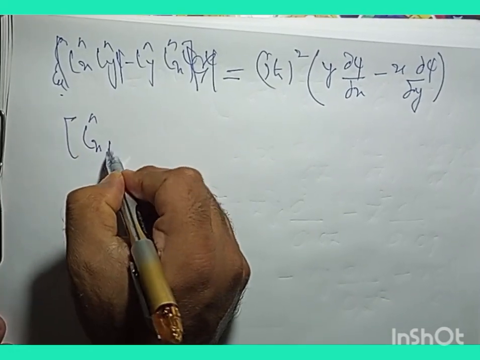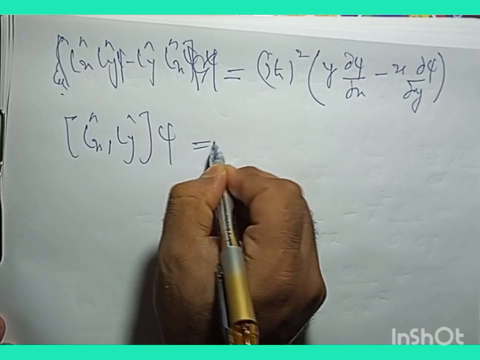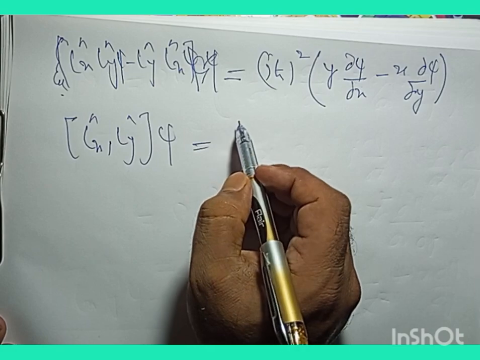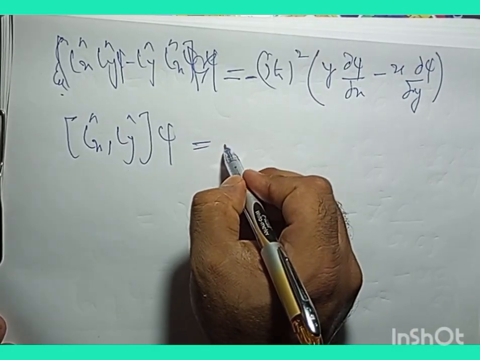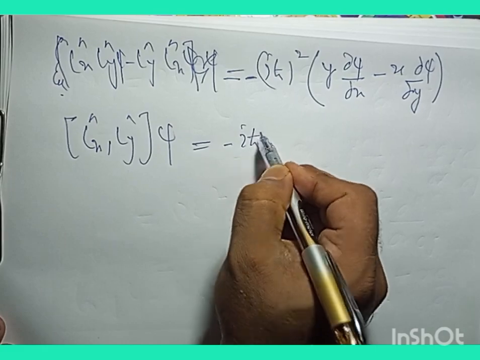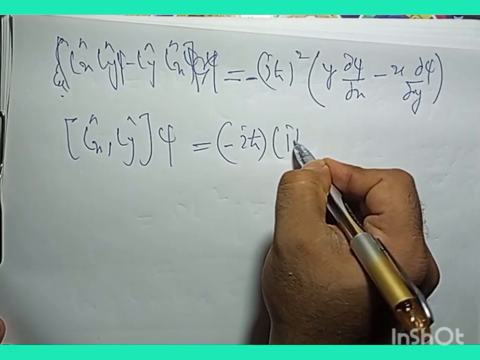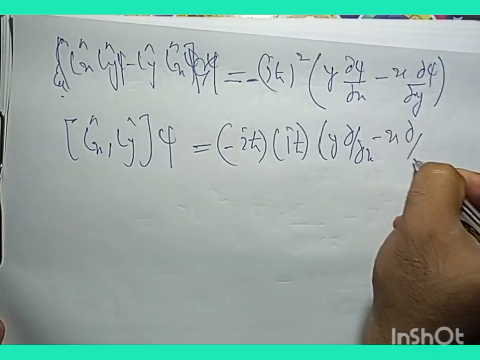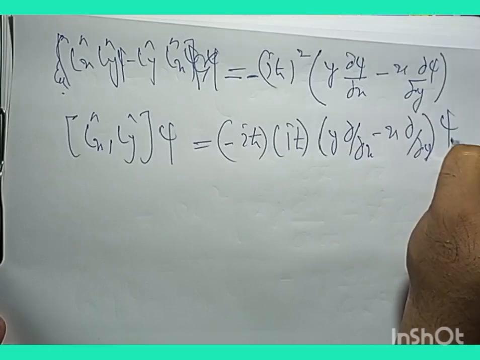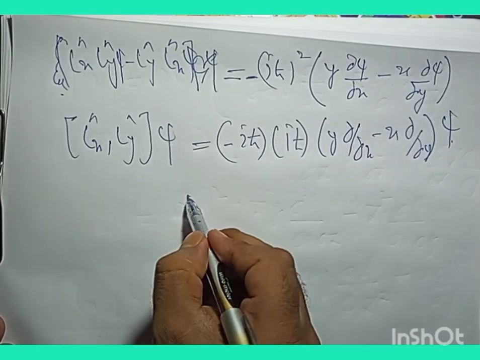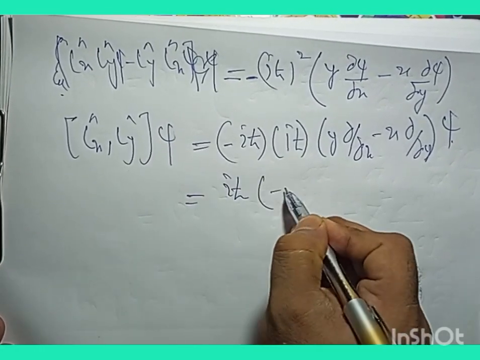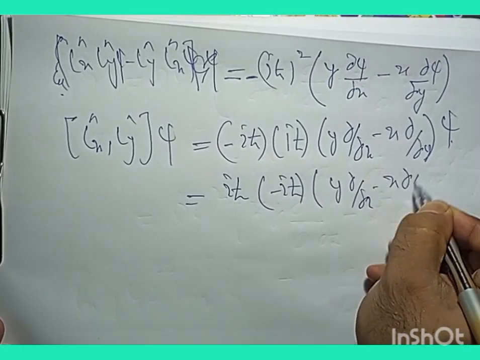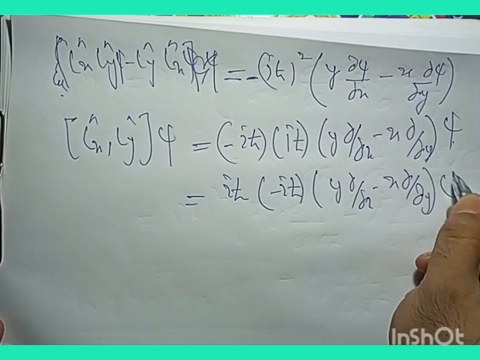It is [Lx cap, Ly cap] of ψ is equal to, I can think of writing here, here it should be minus. So this will be minus iħ times iħ times (y ∂/∂x minus x ∂/∂y) of ψ. And if I write some order here, this is iħ minus iħ, then (y ∂/∂x minus x ∂/∂y) of ψ.